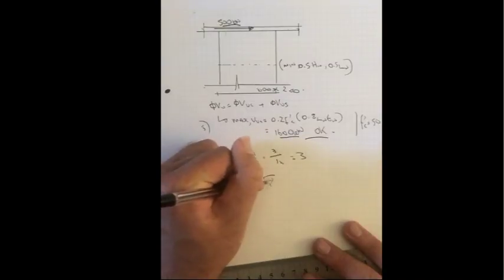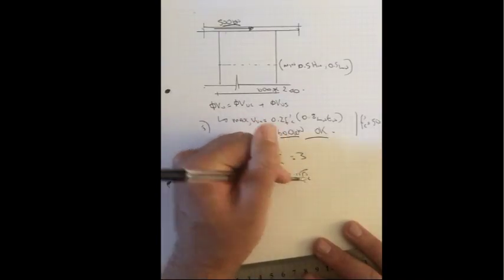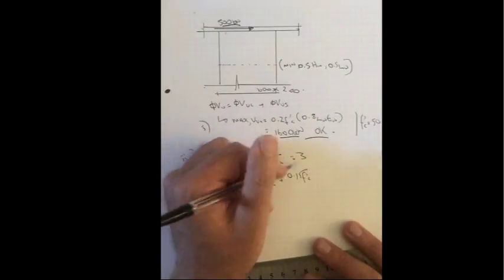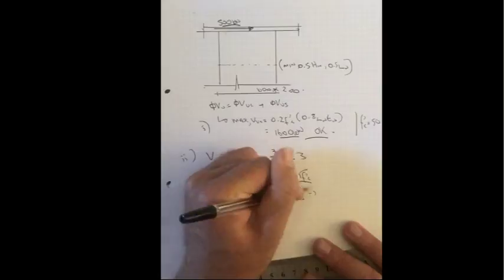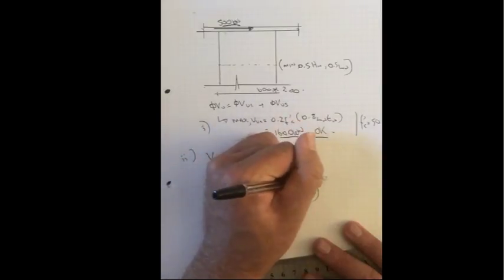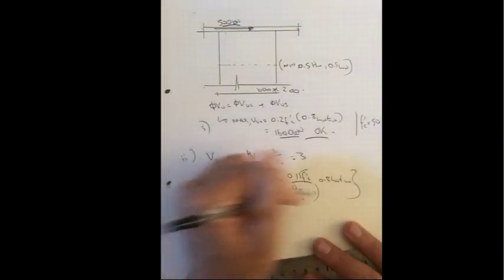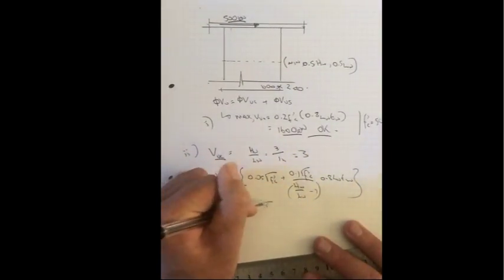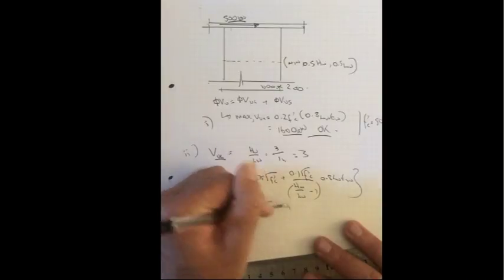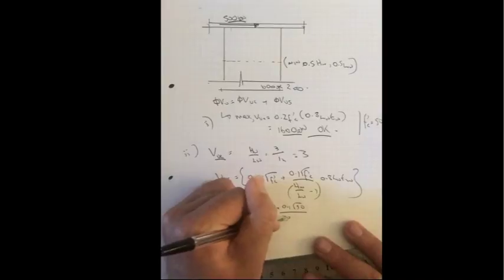Part B is Vuc equals 0.05 times the square root of the strength of concrete plus 0.1 times the square root of the strength of concrete divided by the height of the wall. So let's plug our numbers in. What we end up with is 0.05 times square root of 50 plus 0.1 square root of 50 divided by the height of the wall.